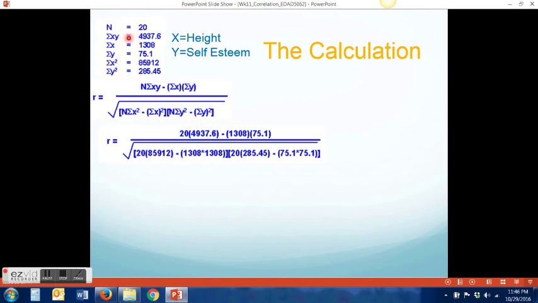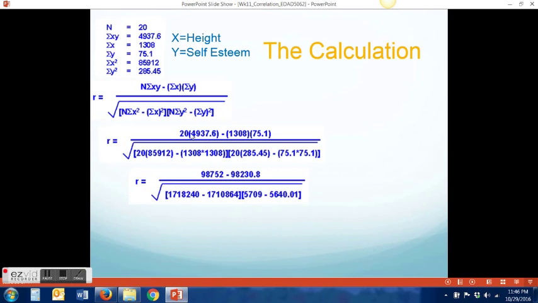Again, this is our n, 20, times our sum of our products of x, y, minus the sum of x times the sum of y, divided by this crazy set of numbers down here at the bottom. Let's see our next step.